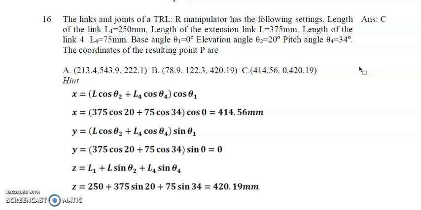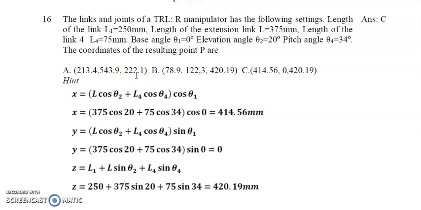Okay, so answer A is 213. Okay, we have seen the answer. Now the hint we can go through. X is equal to (L cos theta 2 plus L4 cos theta 4) cos theta 1. This is the forward transformation, where we find the X, Y, Z values. All the angles are given: base angle, elevation angle, pitch angle. But why are we taking 3 values, X, Y, Z?